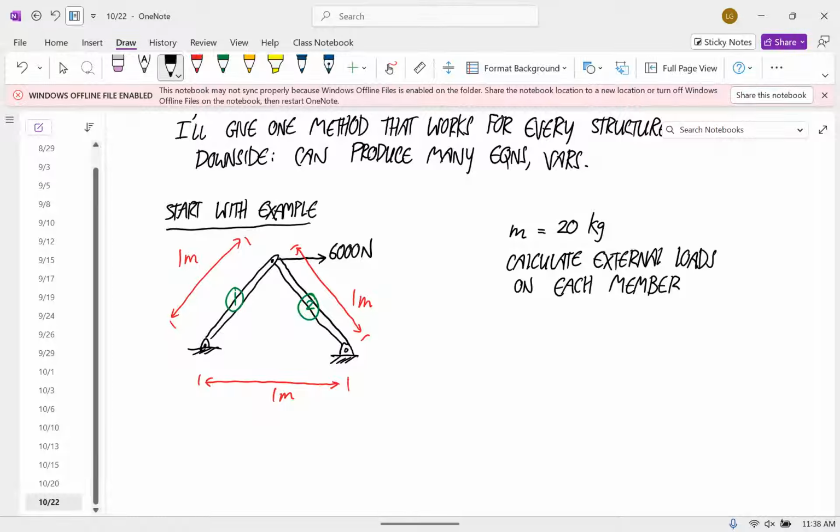Members, like that, just like bodies? Yeah, that's right. And then I guess I'm going to name these pins.